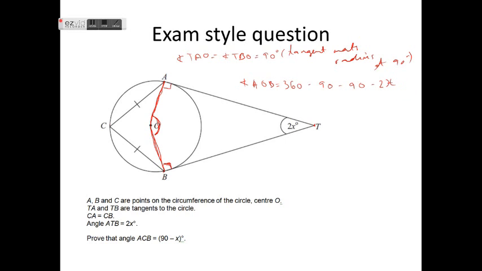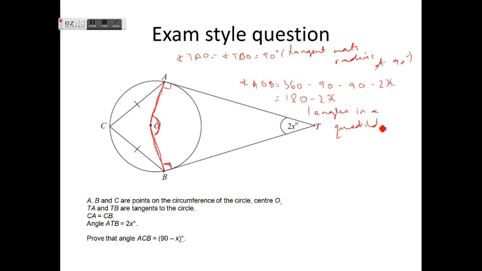If I want to work out this angle, I basically have to do 360 minus that one, minus that one, minus that one. So 360 minus 90, minus 90, and minus our given angle, which is 2x. 360 minus 180 is 180 degrees. So that's 180 degrees minus 2x, right?